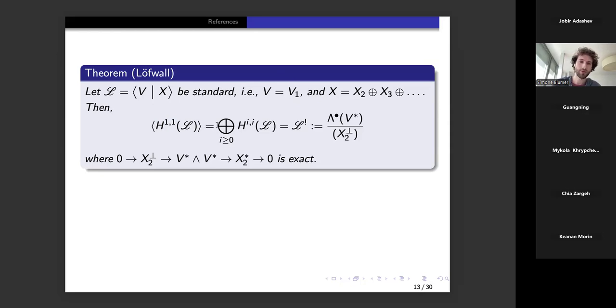And first of all, the first equality is interesting because the subalgebra of the cohomology ring generated by the elements of degree (1,1) is equal to, let's say, the diagonal cohomology of the Lie algebra, so the direct sum of all the diagonal pieces of the cohomology.